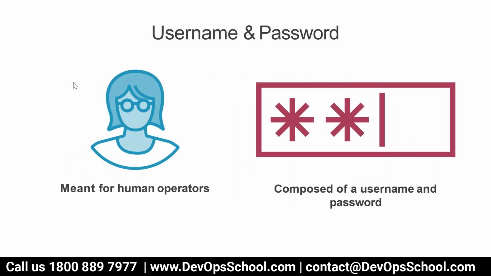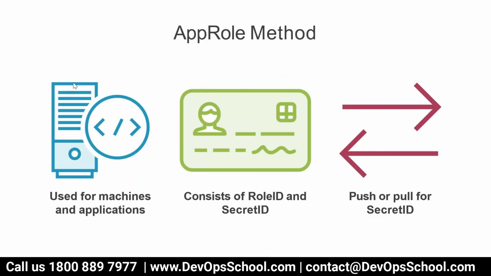There is one option, a username and password, which is core to Vault. It is meant for password-based access, always for human operators, and is composed of a username and password. Then there is the AppRole method. Here you can create a role and assign app access.